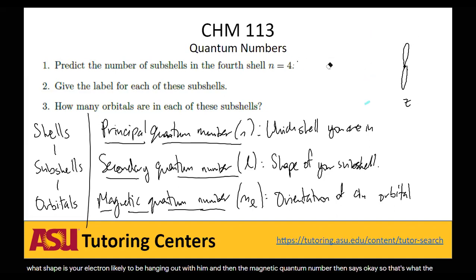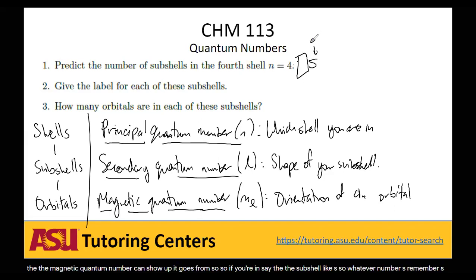Now, for each subshell you are in, the number of ways the magnetic quantum number can show up depends on the subshell. If you're in the S subshell, remember, S corresponds to 0, so the only possible magnetic quantum number you can have is 0.